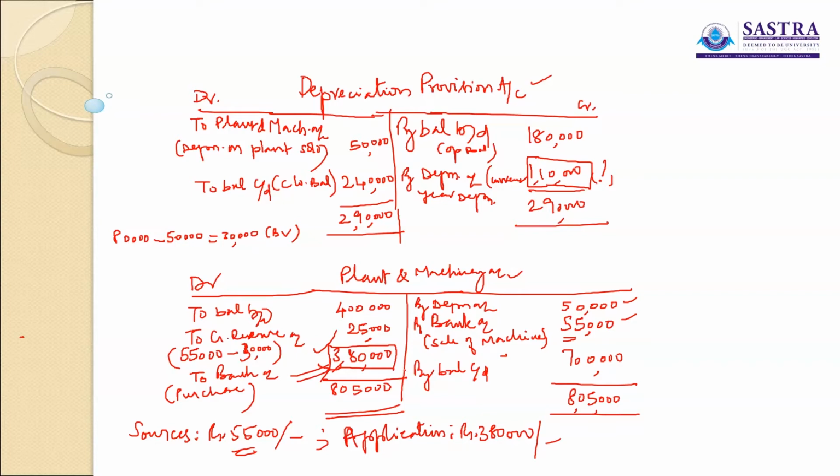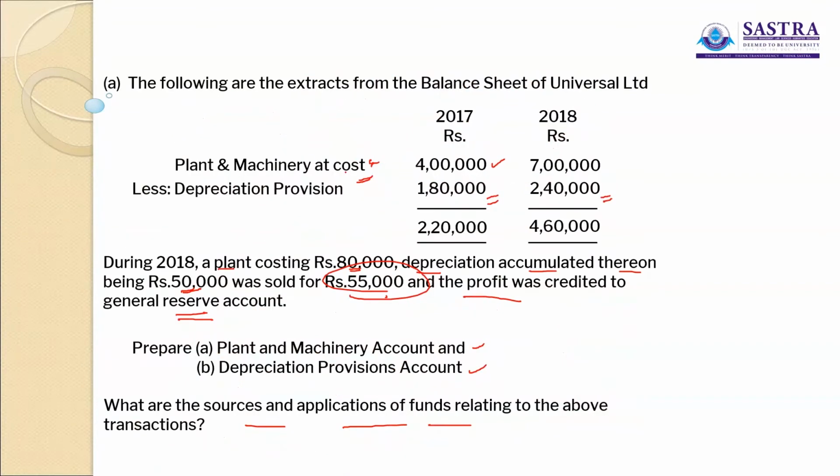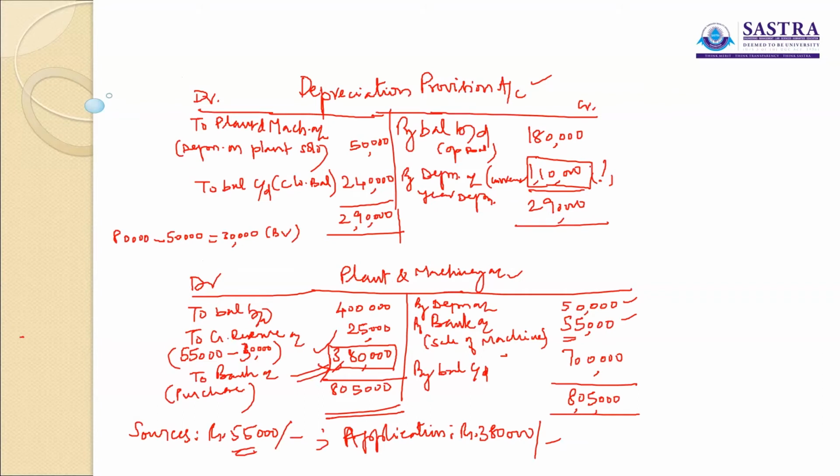So what you must try to understand here is when the values are given at cost, obviously the depreciation balances will be there, opening and closing balance. So we have to prepare the depreciation account. By incorporating the depreciation on assets sold, we have to find out the current year depreciation. So this is key information for fund from operations.